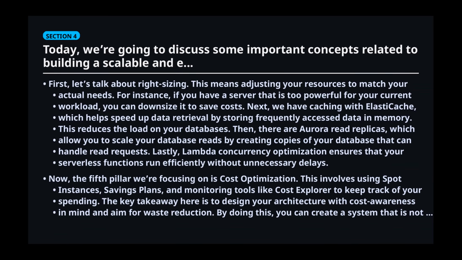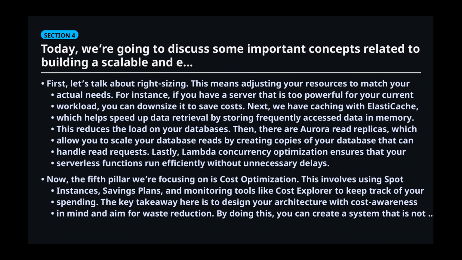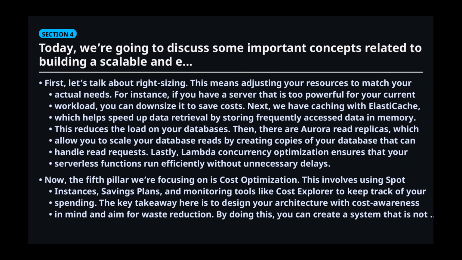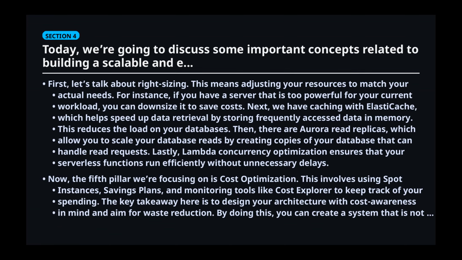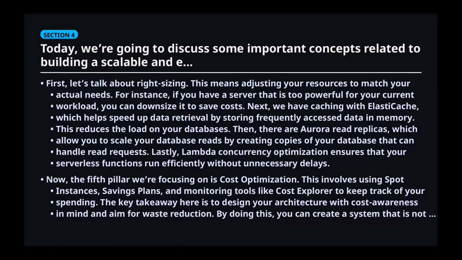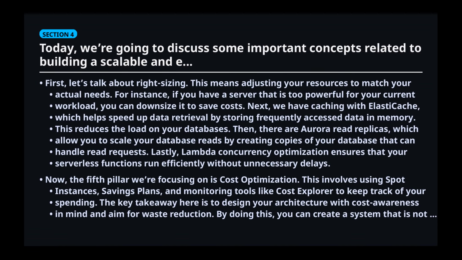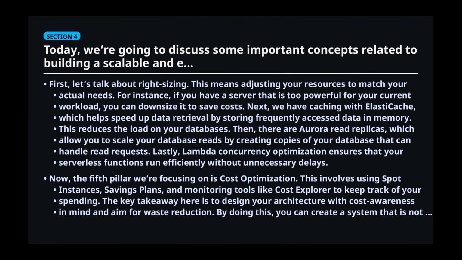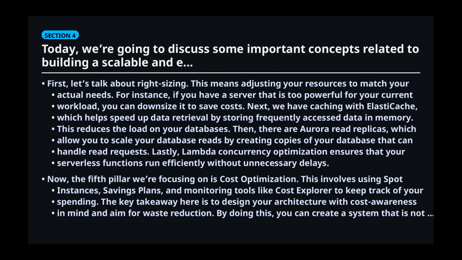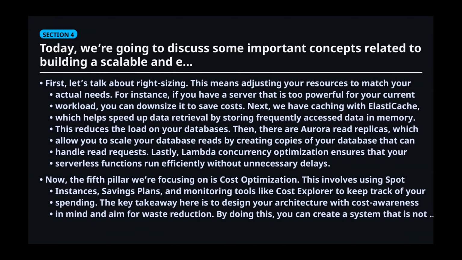First, let's talk about right-sizing. This means adjusting your resources to match your actual needs. For instance, if you have a server that is too powerful for your current workload, you can downsize it to save costs. Next, we have caching with ElastiCache, which helps speed up data retrieval by storing frequently accessed data in memory.